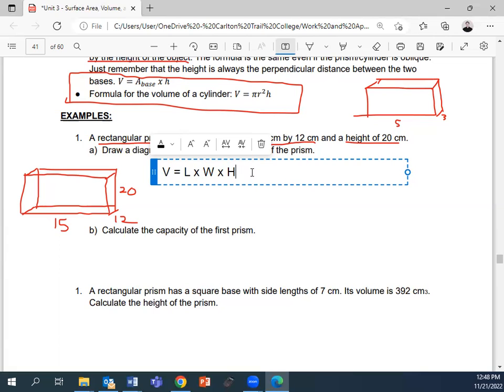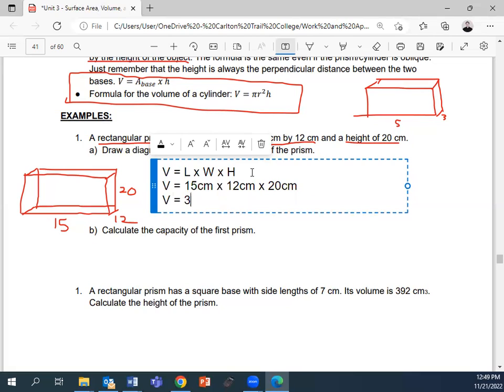So in this case, my length is going to be, it doesn't matter if I pick 15 or 12, as long as I'm picking something from the base. So 15 centimeters times 12 centimeters, and then my height was 20 centimeters. So 15 times 12 times 20 is going to give me a grand total of 3,600.